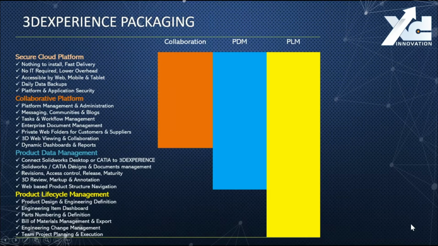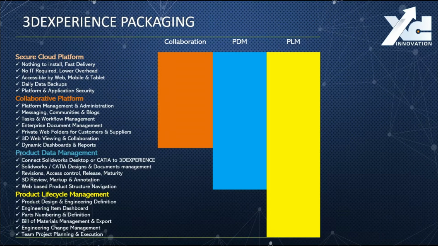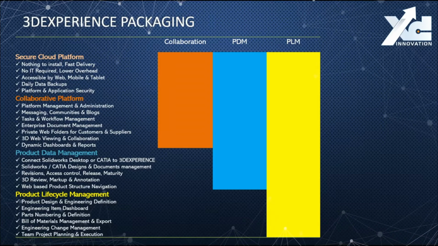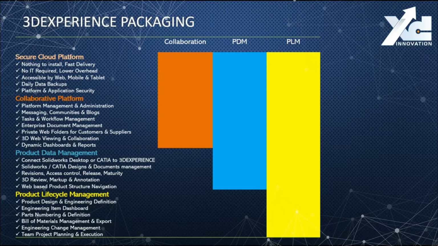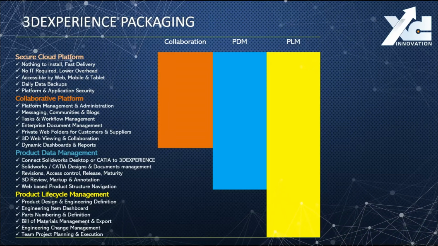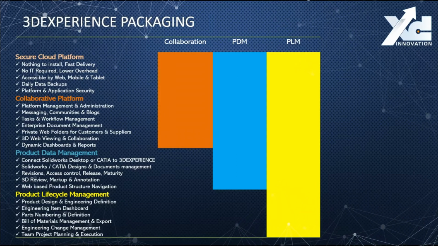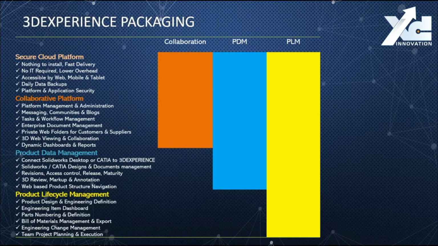In terms of packaging, we really split it into three different buckets. Think about the first bucket as your collaboration bucket. This goes above and beyond just regular collaboration, which you could do via email. This is really around 3D web viewing, messaging, and really consuming the platform as a collaboration tool, much like we do today with tools like LinkedIn and Slack.